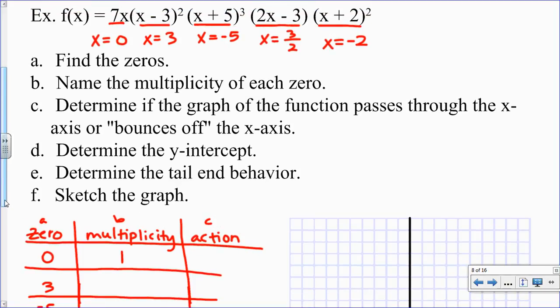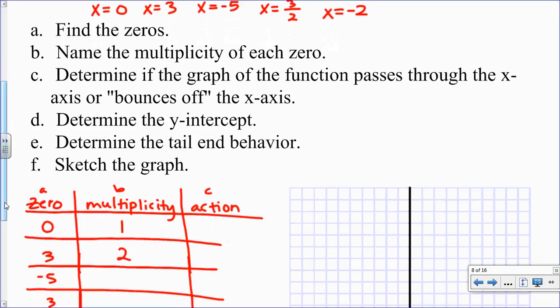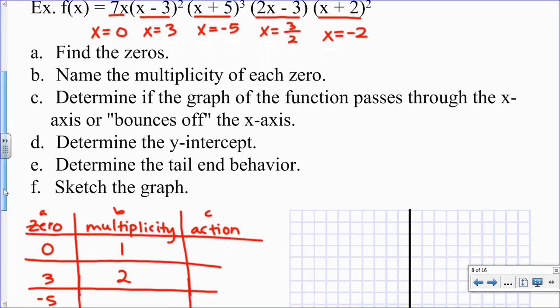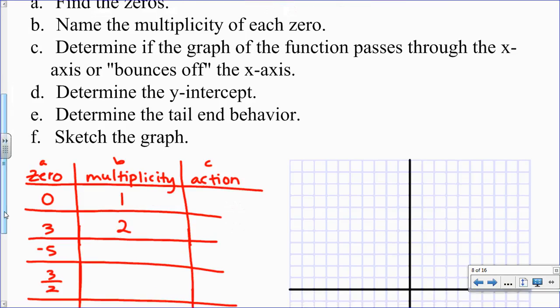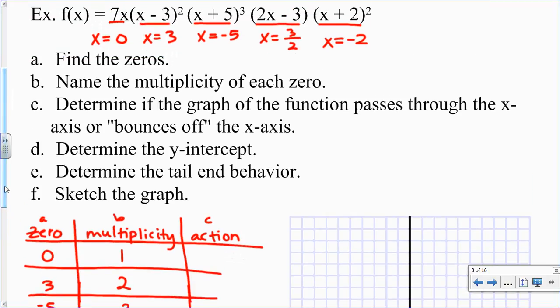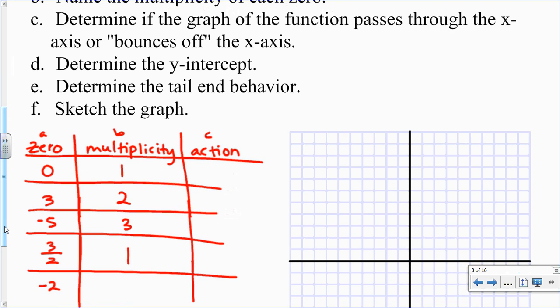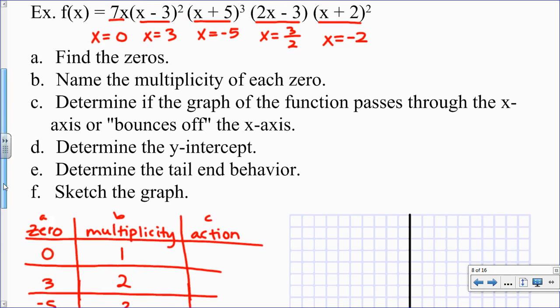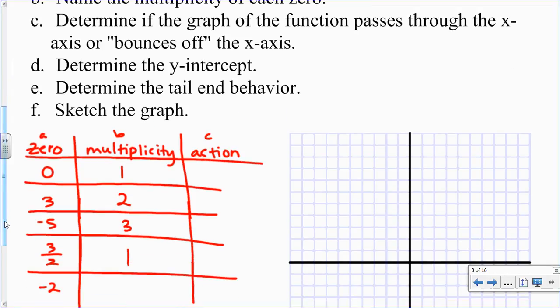What's the exponent outside? 2. Okay, good. For negative 5, the multiplicity is 3. For 3 halves, the multiplicity is 1. And for negative 2, the multiplicity is 2.